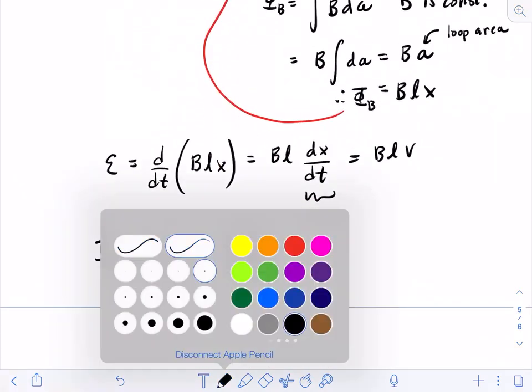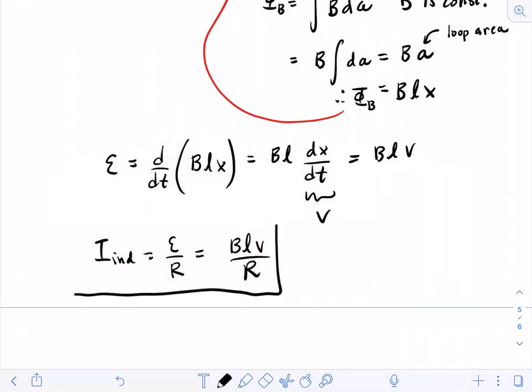And if you compare this to our first calculation of motional EMF, you'll see that this is the same result that we had before.